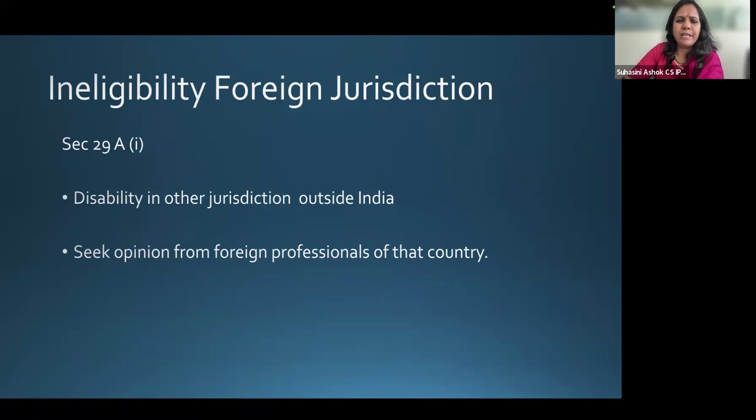This is 29A(i). So what Section 29A(i) reads is, can you share that clause?